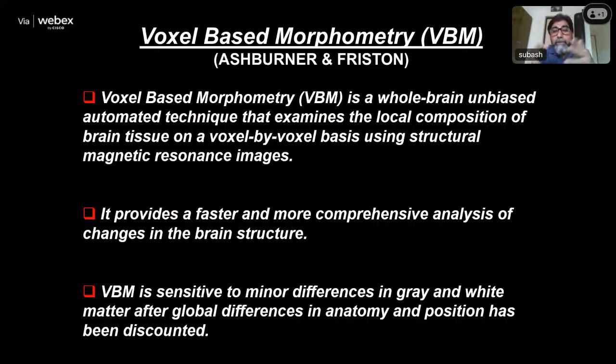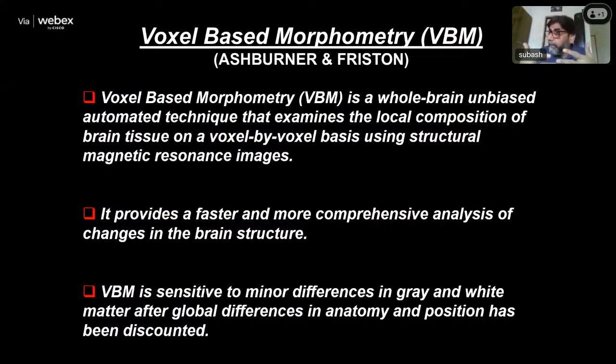This is an automated technique using what we call MP-RAGE, a sequence which is magnetization prepared rapid acquisition with gradient recall. It is a very fast technique. It takes about 6-7 minutes to image the whole brain, and then one can do the processing offline later. It provides a faster and more comprehensive analysis of the changes in brain structure.